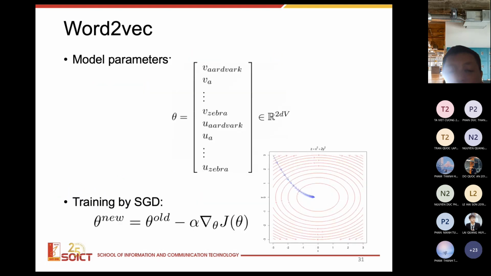Then we can apply normal stochastic gradient descent to find the parameters, right? Any question for this part of the session?